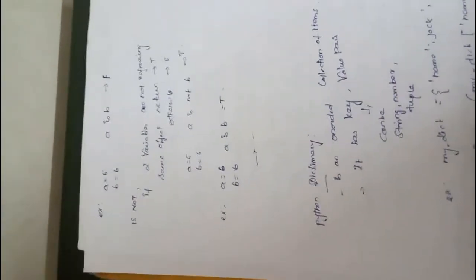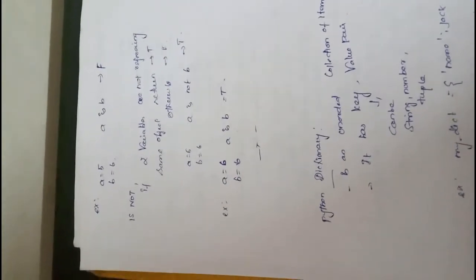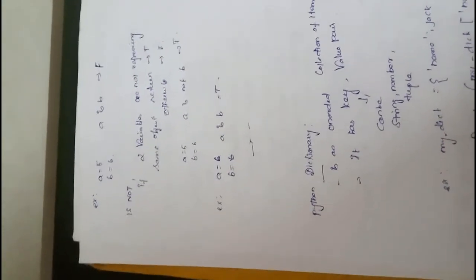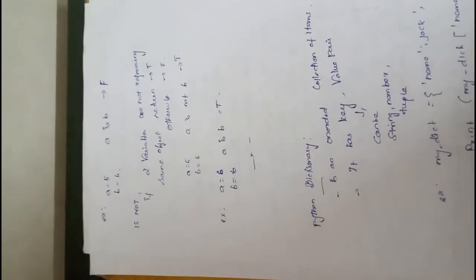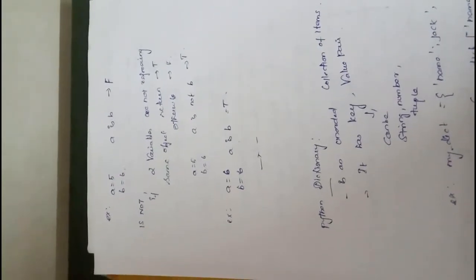So is and is not: is is used to check whether both variables are referencing the same object. Is not is used to check whether both variables are pointing to different objects. If they point to different objects, then the result will be true, otherwise false. Okay, that's it. So these are the operators that we have used in Python programming.